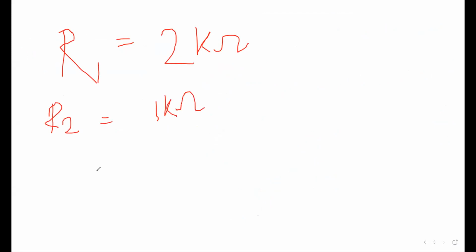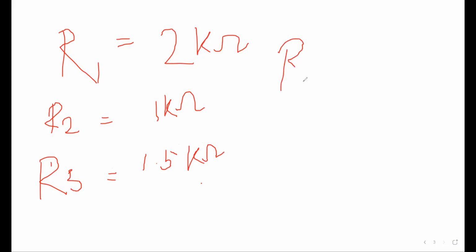R3 equals 1.5 kilo ohm, and Rx, or R4 whatever, you take down 3 kilo ohm.